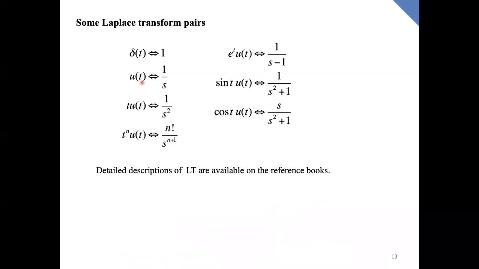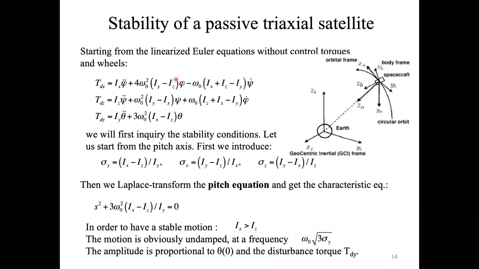This slide is only to let you know what a function over time corresponds to in the Laplace domain. Usually you use tables to look up what a specific function in the time domain is, and so you can directly transform it into the same function in the Laplace domain. That is only for your better understanding when we introduce the Laplace transform.